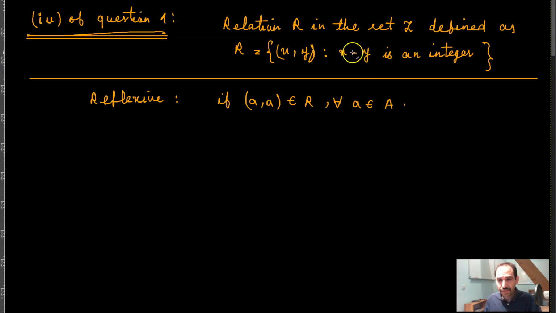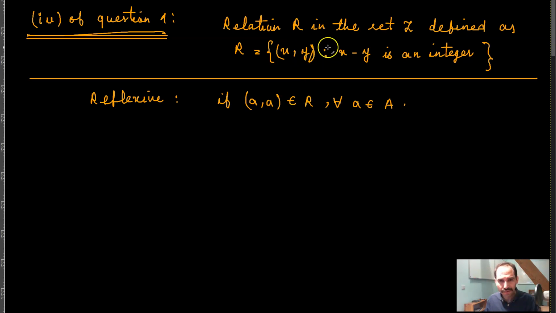You know that any two integers, if you subtract any of them from the other one, you will get an integer. That means that R can contain all the ordered pairs made up of all of the integers.